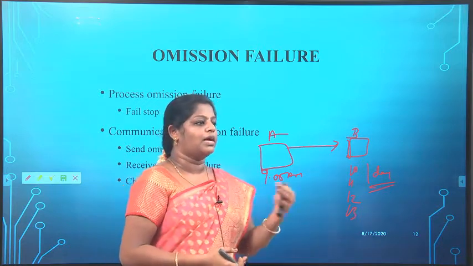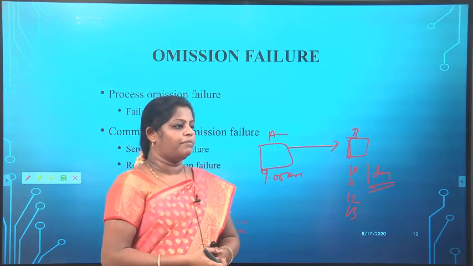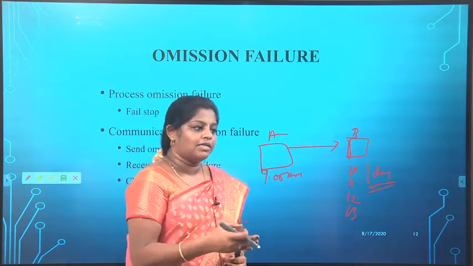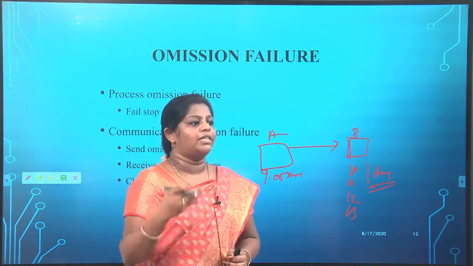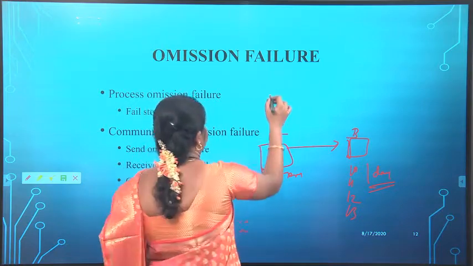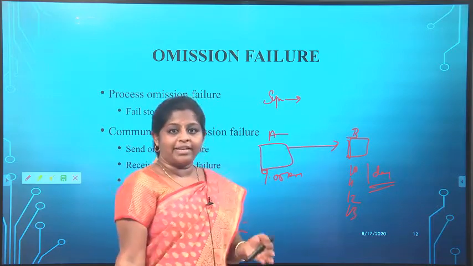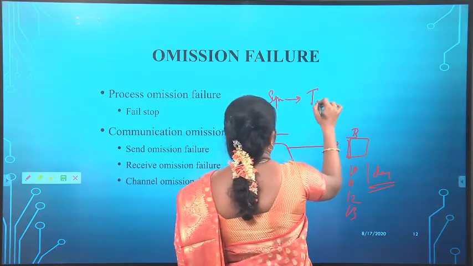If you go for the asynchronous system, there is no boundary. Then how will it be indicated? In an asynchronous system, a timeout can indicate only that the process is not responding. If it is a synchronous system, we can detect it with the help of the timeouts.